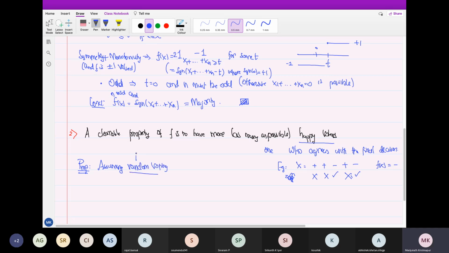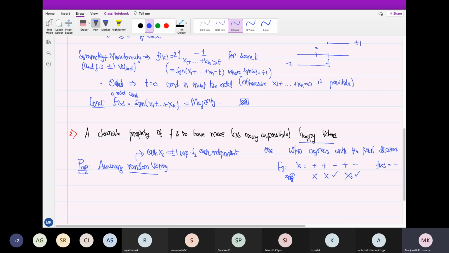When I say random voting, each xi is ±1 with equal probability and independent. In other words, you pick out of Z2 to the n one vector uniformly and you look at proportion. That's all.